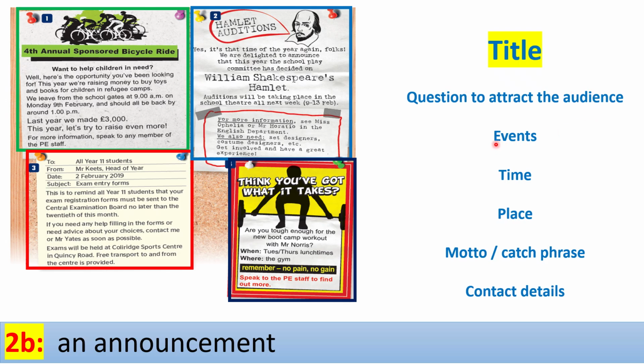Then mention the events included in your announcement. Then the time of the event and the place where it will be held. Then you need a catchphrase or what we call a motto. And finally, contact details, for example, a phone number or an email address.